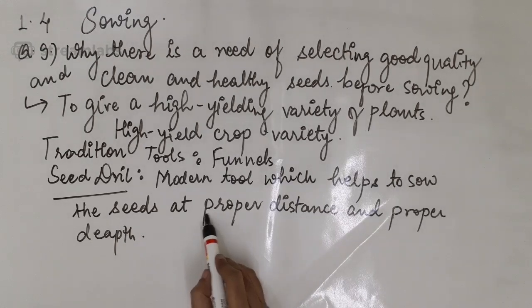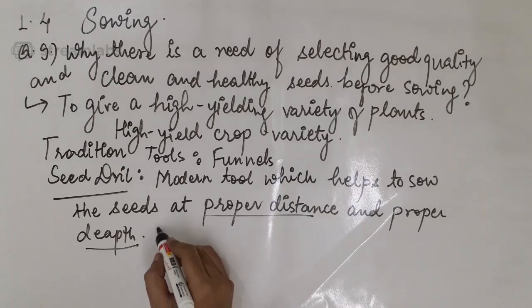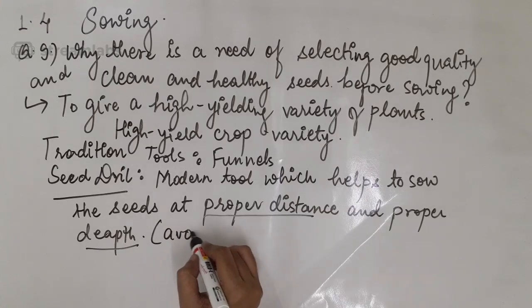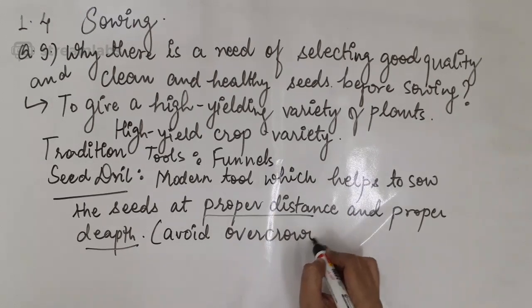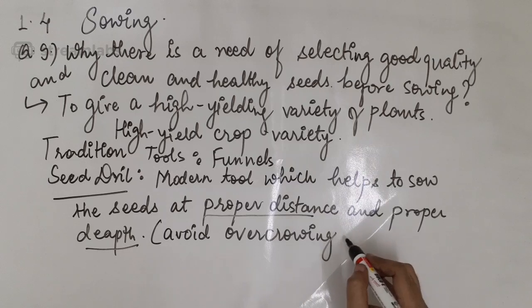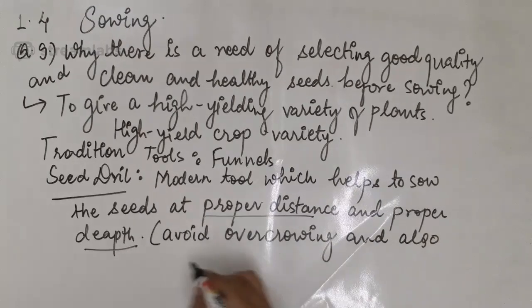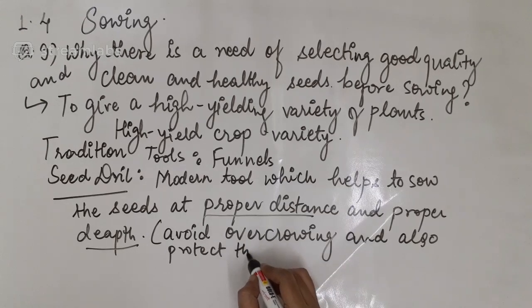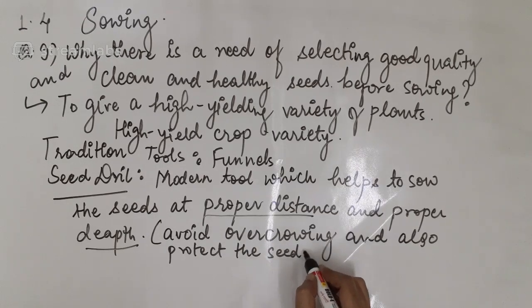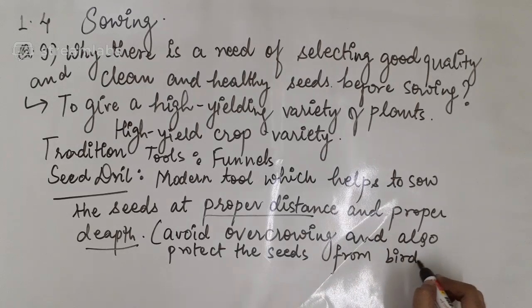The proper distance and proper depth avoid overcrowding of plants and also protect the seeds from birds and other animals.